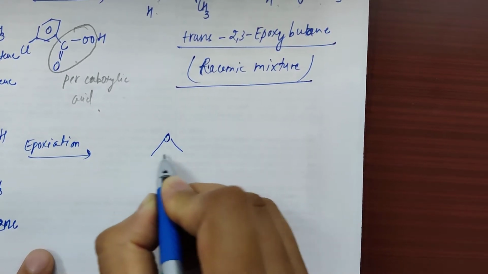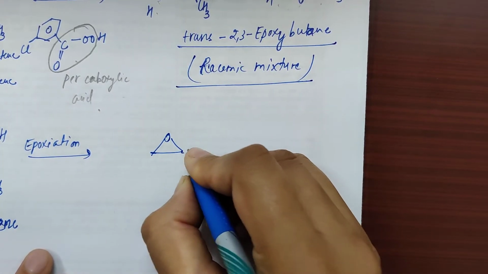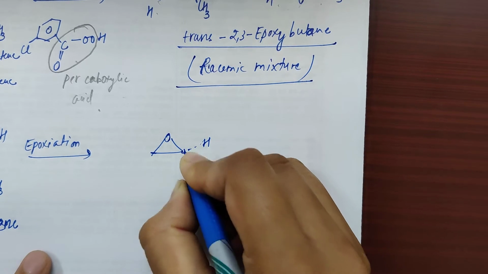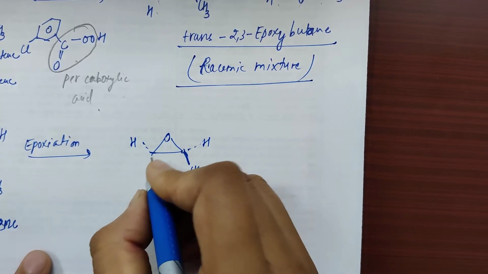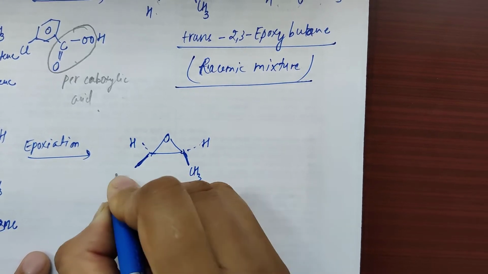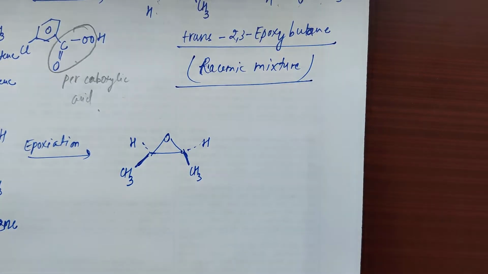So what will happen? Either you do the attack from above the plane or below the plane, your two hydrogens will always be on the same side, either away from the viewer or towards the viewer.